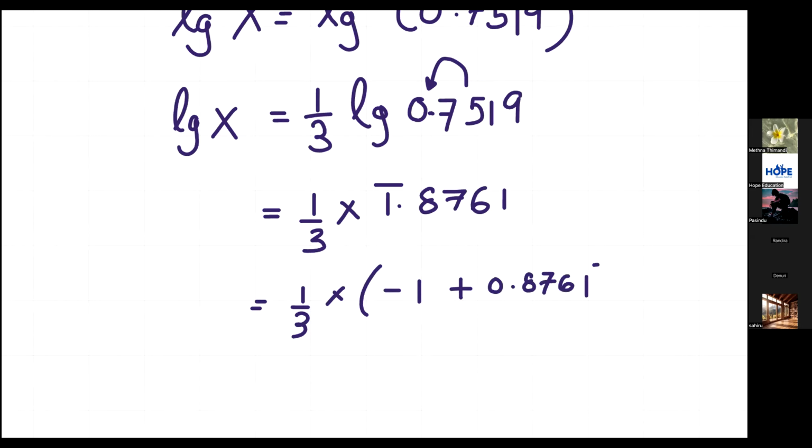Can I directly divide like this? What do you all think? Can I directly divide like this, or do I have to make any change? Can I divide like this?